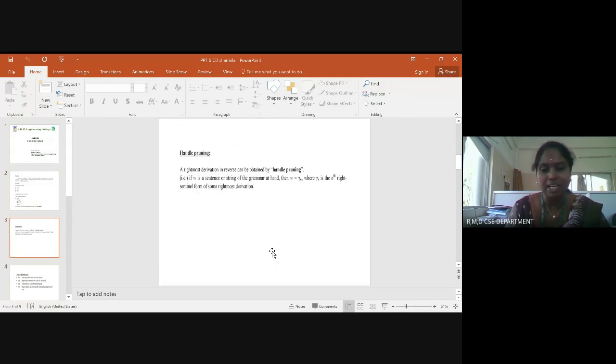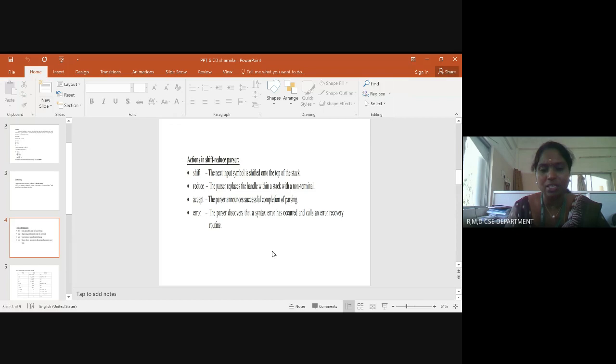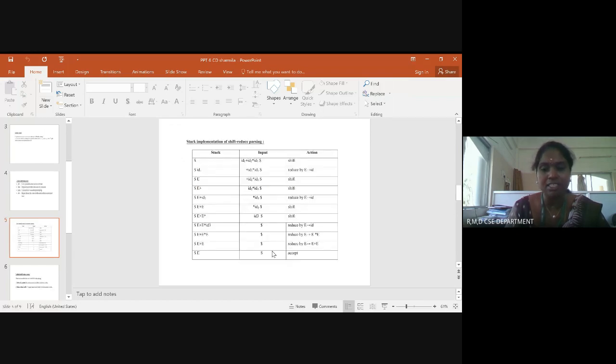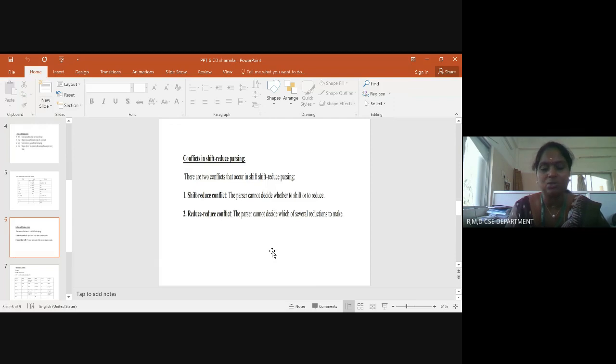Handle pruning means the rightmost derivation in reverse can be obtained by handle pruning. We have seen four actions: shift, reduce, accept, error, and two conflicts, shift reduce conflicts and reduce conflicts. I hope you understand with the example what a shift reduce conflict and a reduce conflict are.